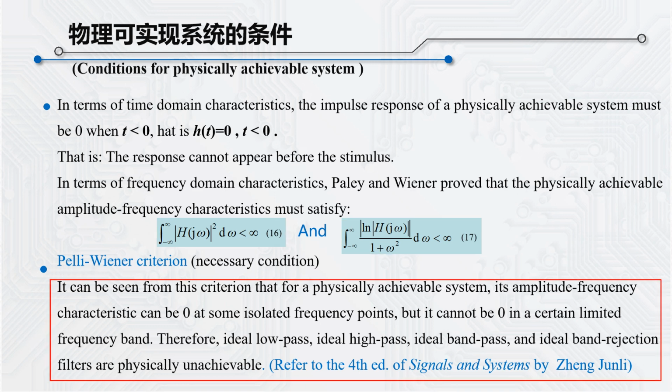From this criterion, we can find that the amplitude frequency characteristic of the physically achievable system can be 0 at some isolated frequency points, but it cannot be 0 in a certain limited frequency band. Therefore, ideal low-pass, ideal high-pass, ideal band-pass, and ideal band-stop filters are physically unachievable. As for this content, you can refer to the 4th edition of the book Signals and Systems by Jianjun Li.